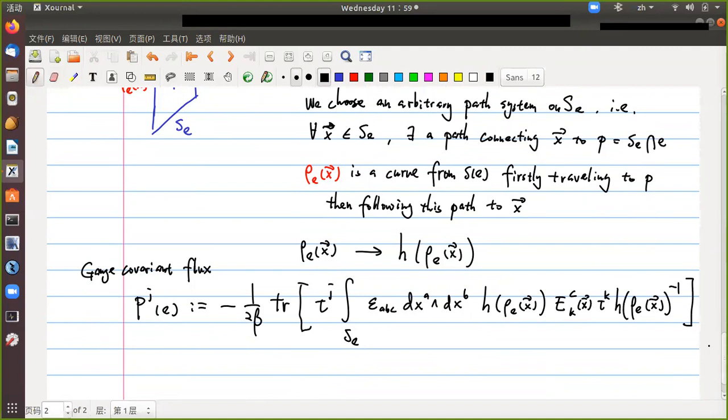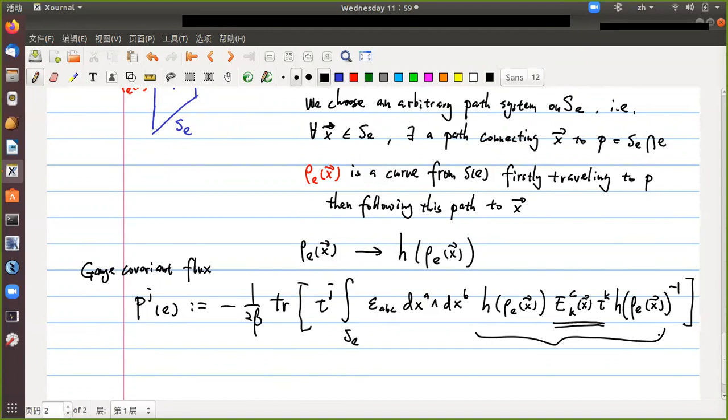Okay, so here you can see this is just expressing the densitized triad as a Lie algebra matrix in SU(2), and then this is just the adjoint representation, the adjoint action of the SU(2) group on the SU(2) Lie algebra.